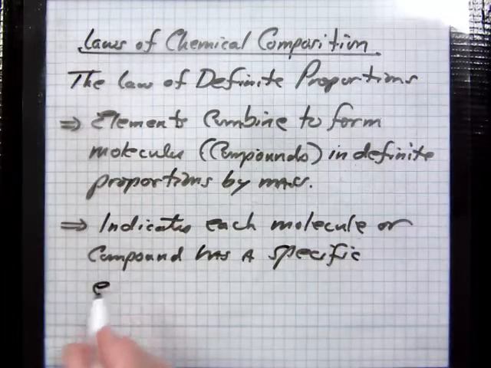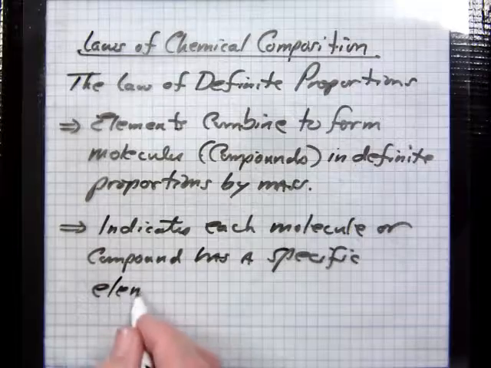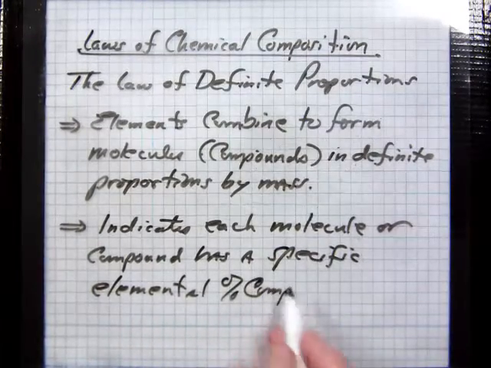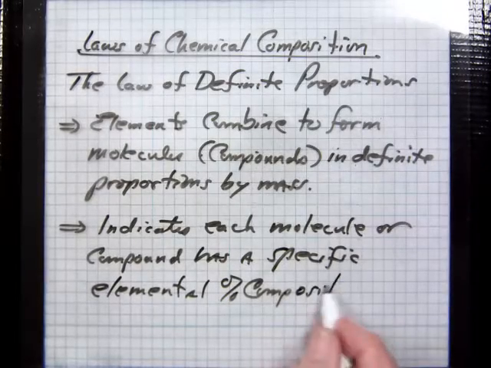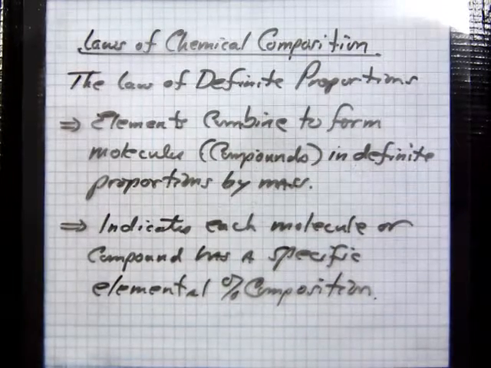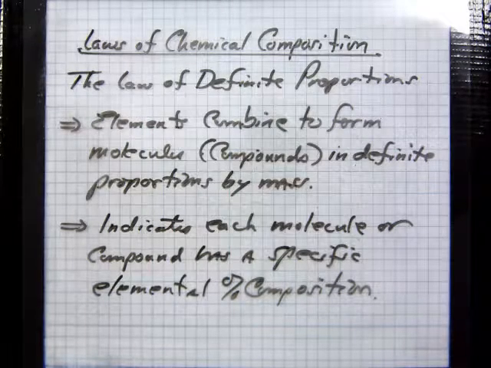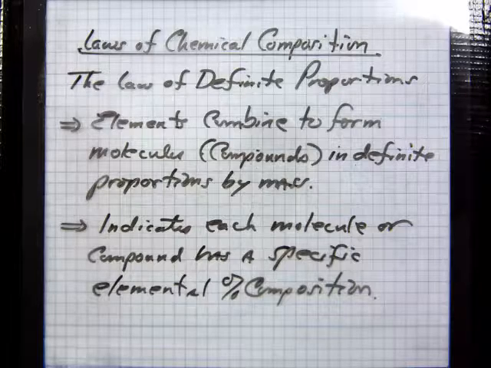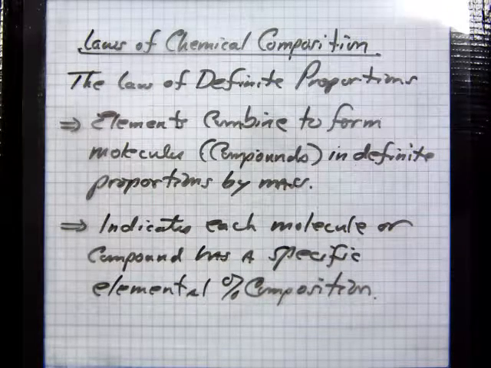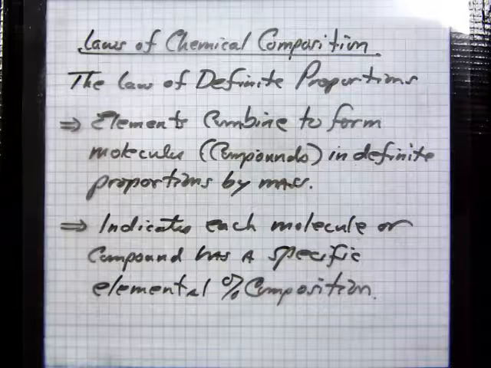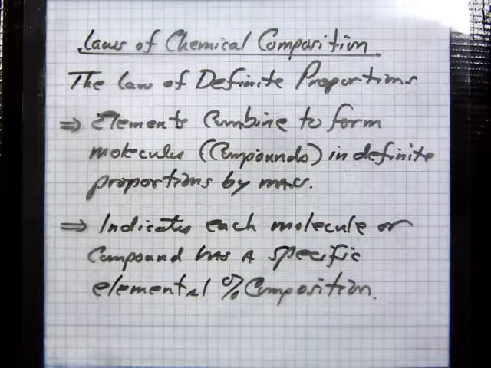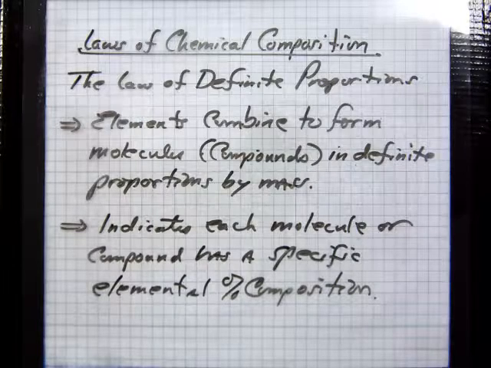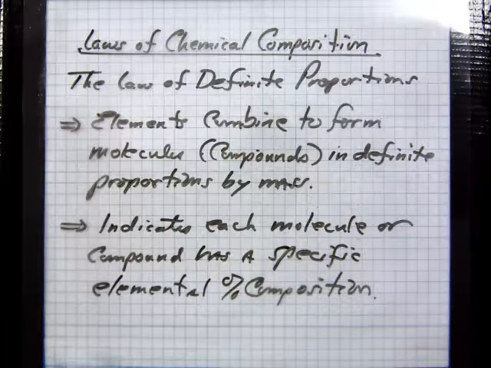It's called an elemental percent composition. Now understand up front that percent composition is true for every compound, but you can't use that to identify an unknown. You have to use a combination of things. So don't get that mixed up with product identification.